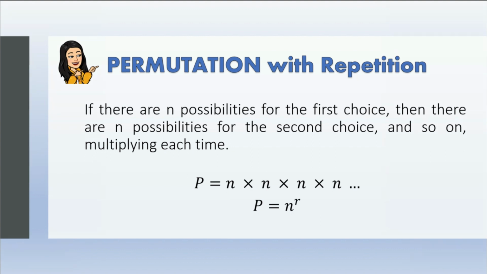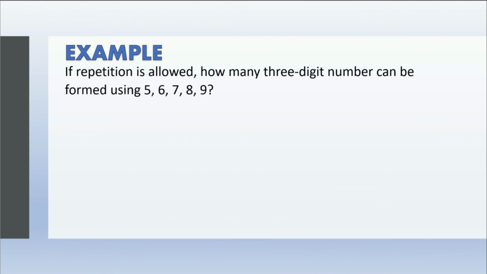Let's have an example. If repetition is allowed, how many 3-digit numbers can be formed using 5, 6, 7, 8, and 9? In the problem, the given value of n is 5 because we have 5 numbers which includes 5, 6, 7, 8, and 9. And the value of r is 3 because we are going to form a 3-digit number.